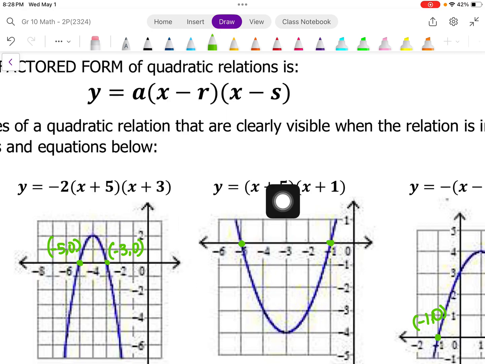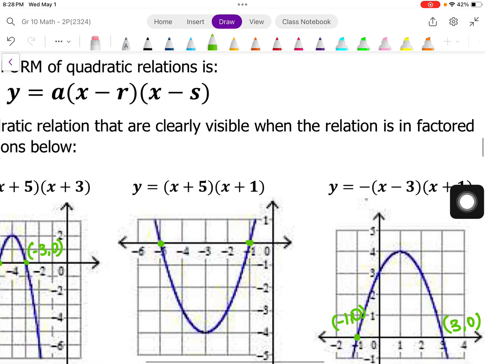So when I have x subtract a number, this is telling me that my r is equal to 3, and my 0 here, one of my x-intercepts, is equal to +3.